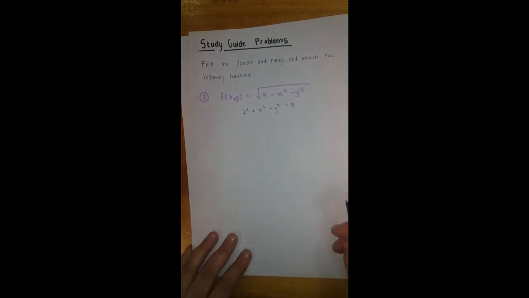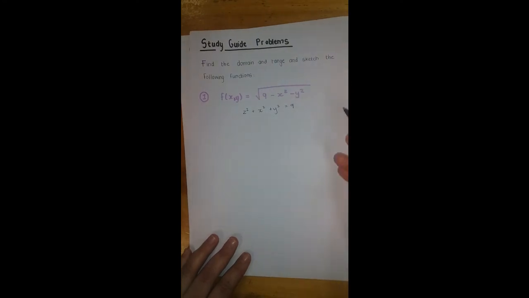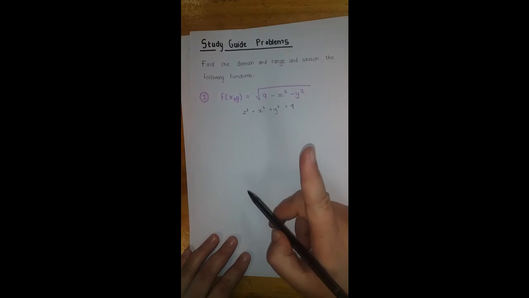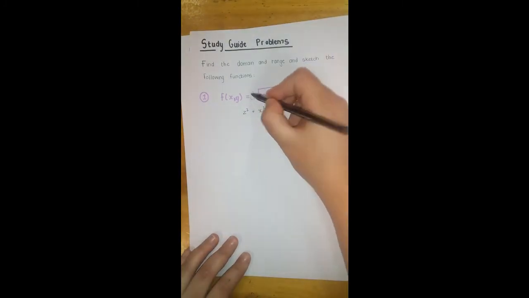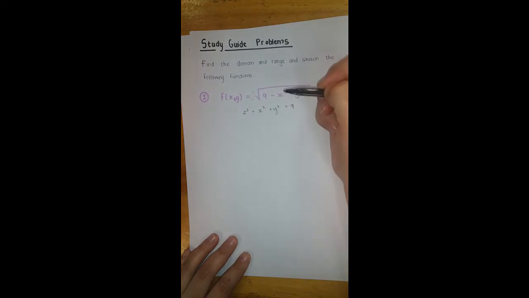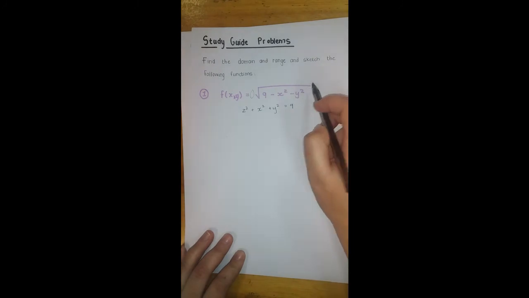If you want to find the z intercept, you say x is equal to y is equal to 0. And if you want to find the x-intercept, you say z is equal to y is equal to 0, and the same for the y-intercept. But note very importantly that this is the positive half of the sphere. And this is why they like to write it like this.